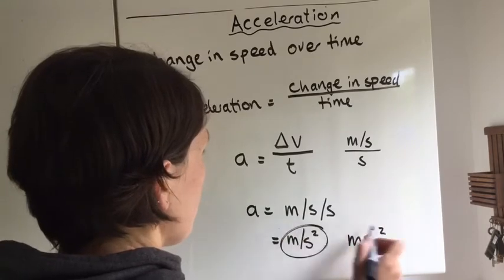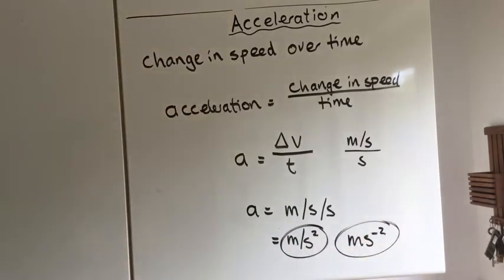So both of those are valid ways to write the units for acceleration. The key thing is you have to have that little 2 in, because if you miss out the 2, you're just writing down the units for speed rather than the units for acceleration. Okay, so that's the formula.